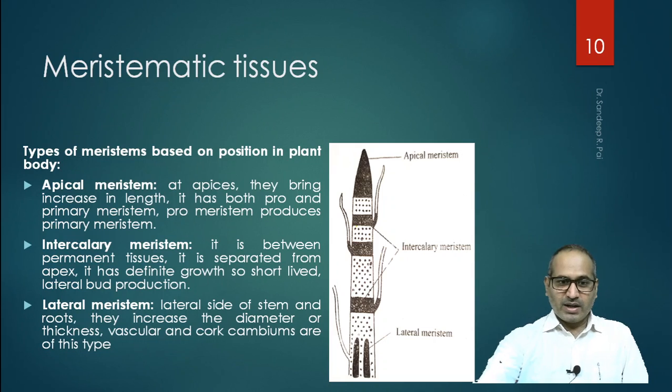So here in this diagram, you can see that this particular part is apical meristem. These are intercalary meristems, where they give rise to the sideway branches.